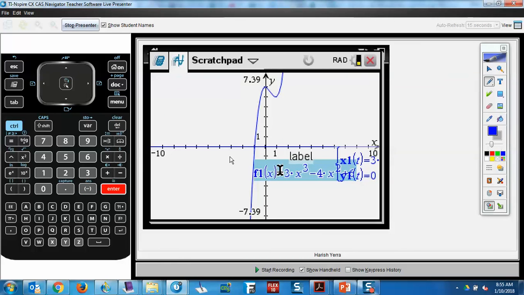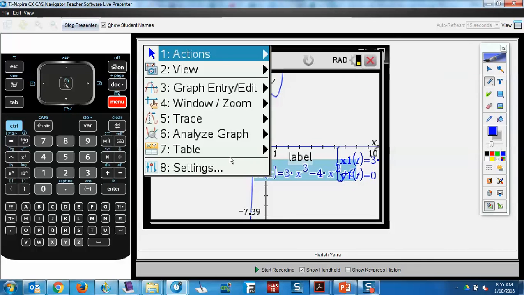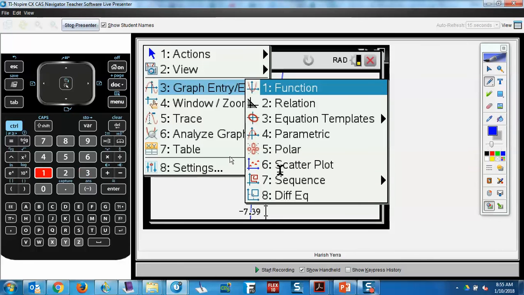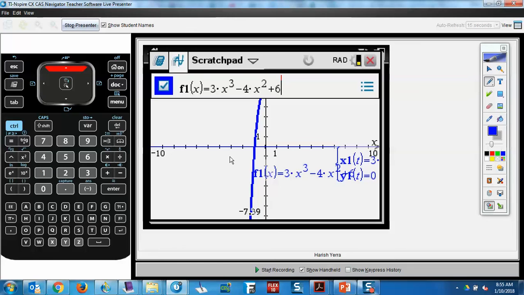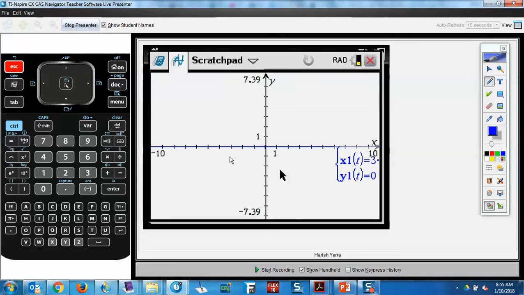To get rid of it, do I just No, you gotta go back into your menu. I think you gotta go back into graph entry function, and then turn it off and just delete it, whatever. You do it. Okay, hit it.